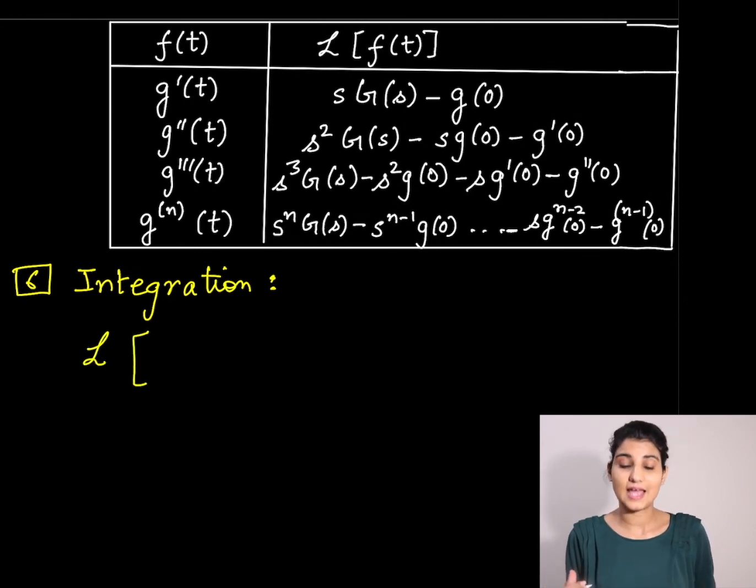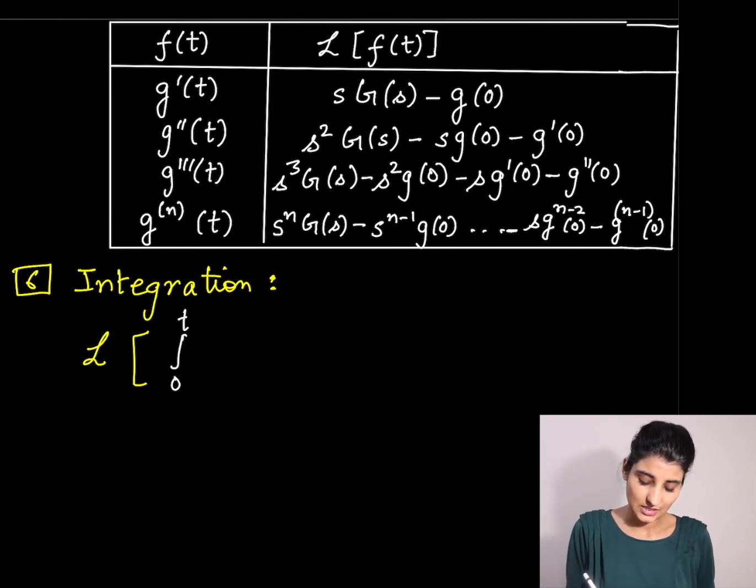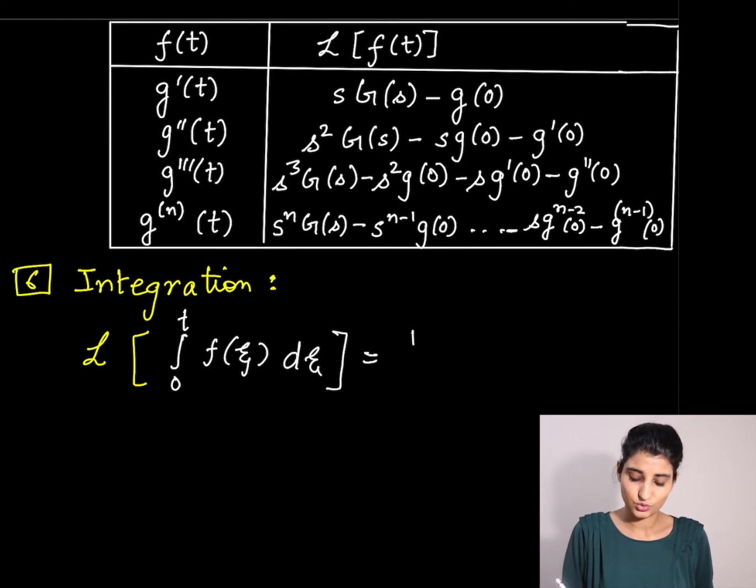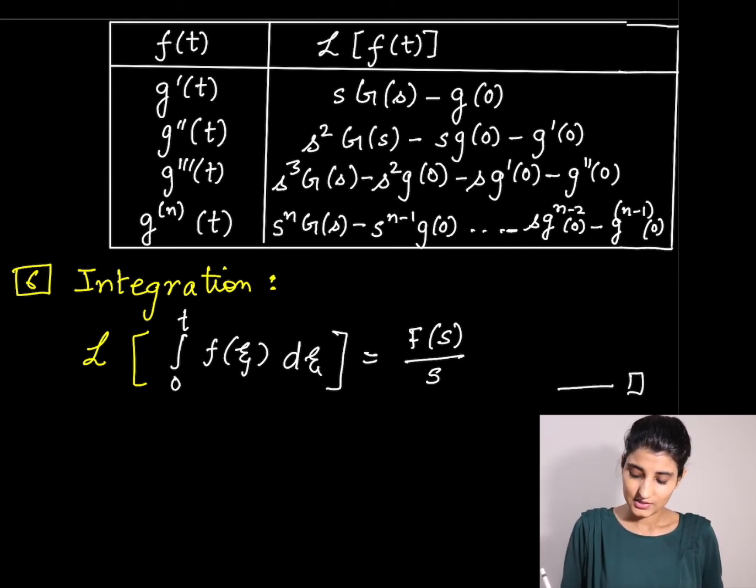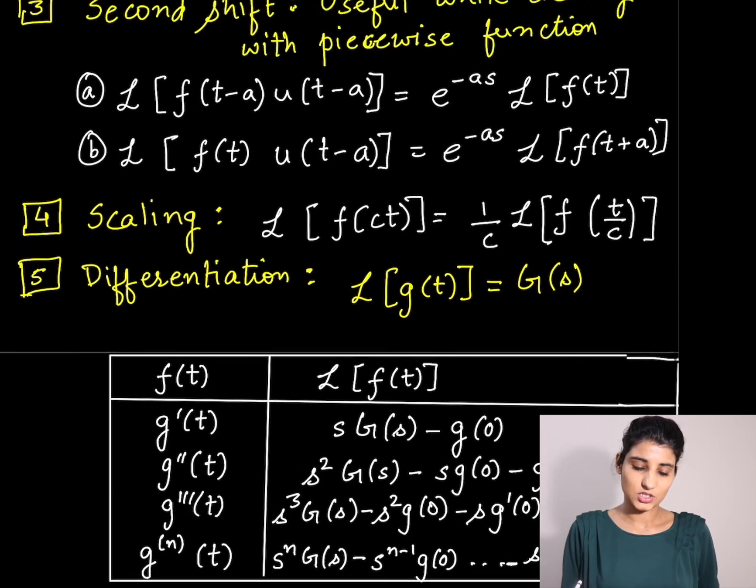If we take the Laplace of the integral from 0 to t of f(z) dz, it is equal to F(s), the Laplace of f, divided by s. Okay. So these are 6 very useful properties of Laplace transform we listed here.